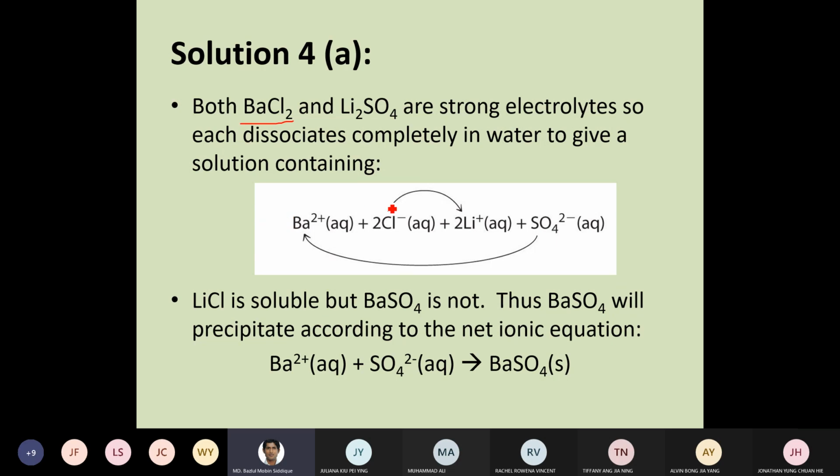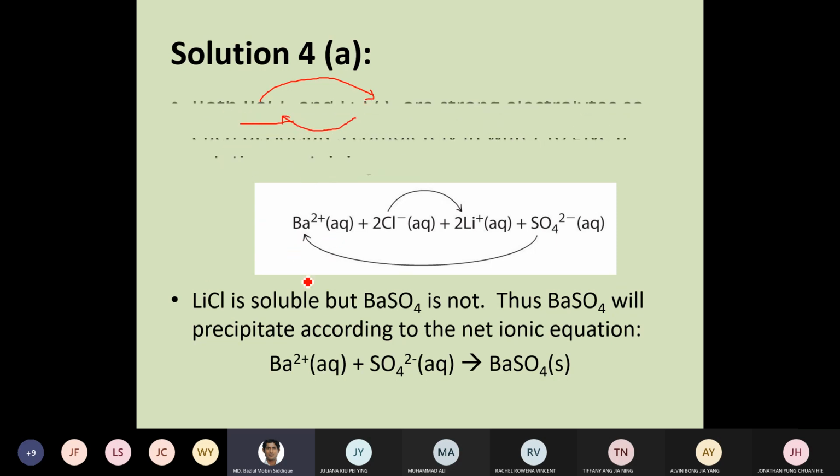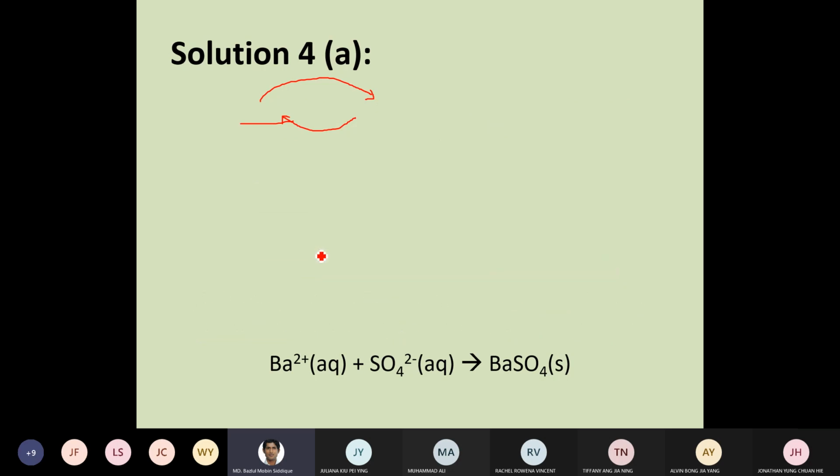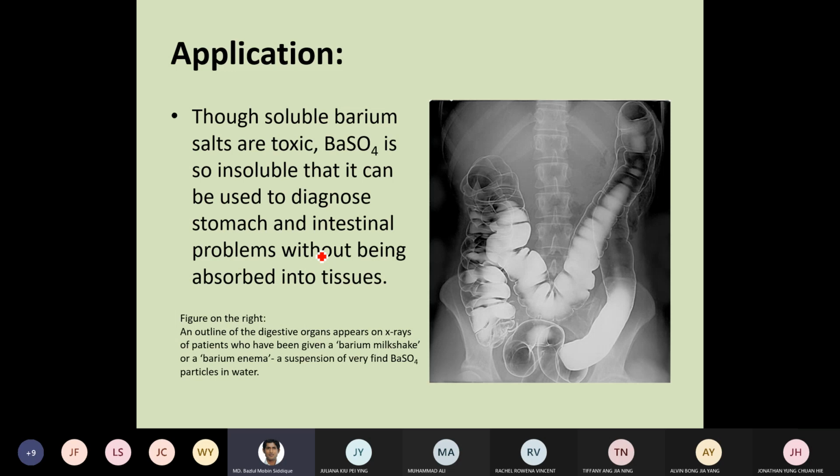Barium sulfate and lithium chloride will be formed in this double displacement reaction. But barium sulfate is non-soluble, so a non-soluble salt will occur.